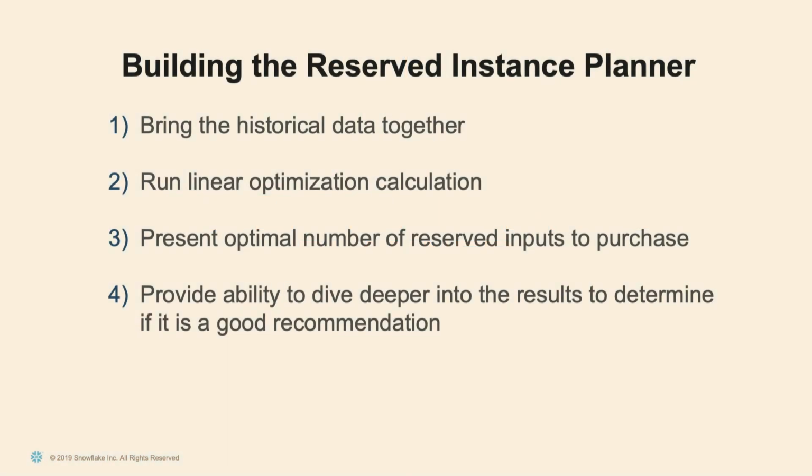We split this up into really four main parts. First, we must bring all the historical data together into a single table for all those data sources I had talked about. We then run a linear optimization calculation on top of that table. And this will spit out the optimal number of reserved instances for us to purchase.